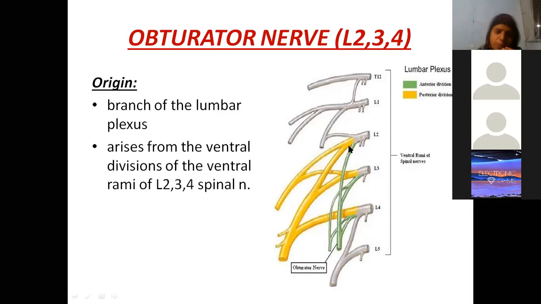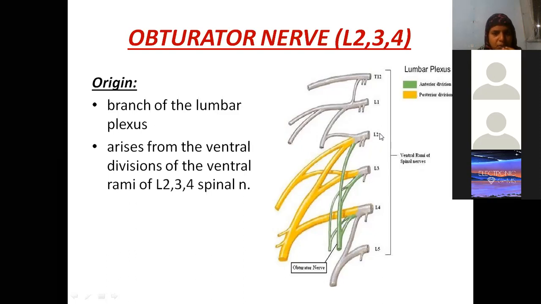In brachial plexus also I told you we have dorsal divisions and ventral divisions. Dorsals are also called posterior, ventrals are also called anterior. So these are all anterior divisions, also called ventral divisions, and of course these are ventral rami only.